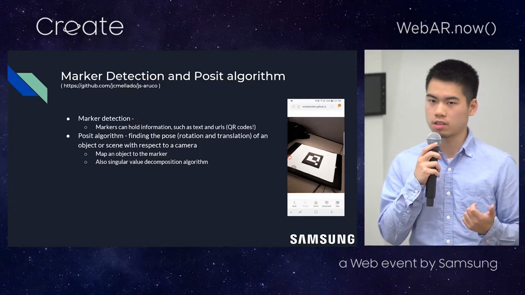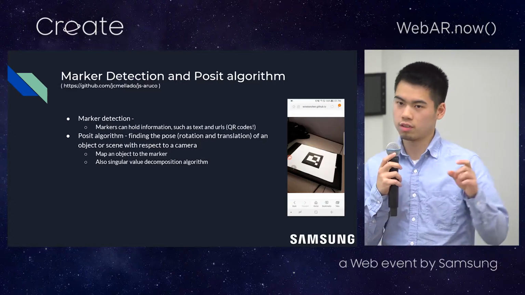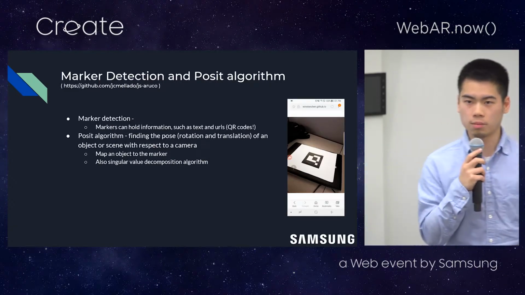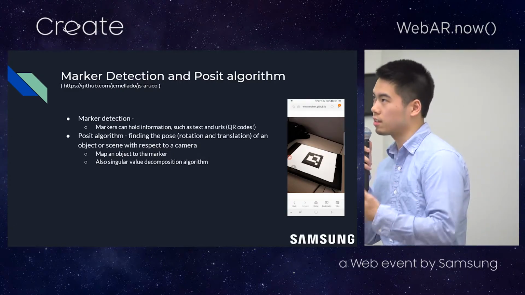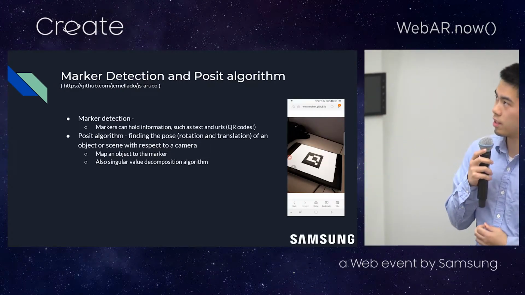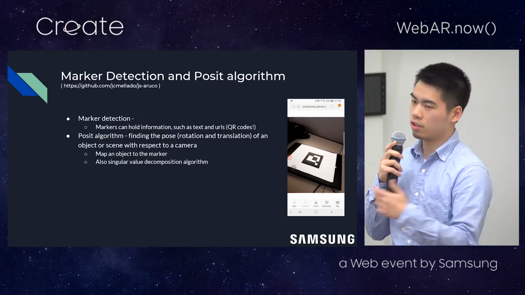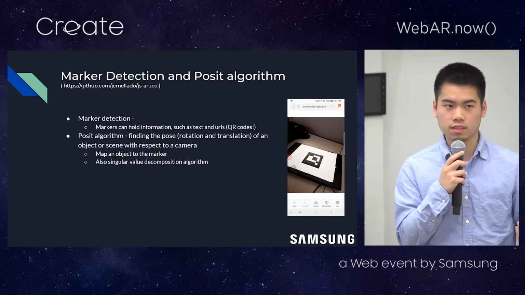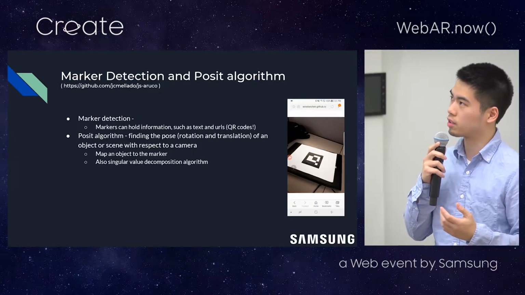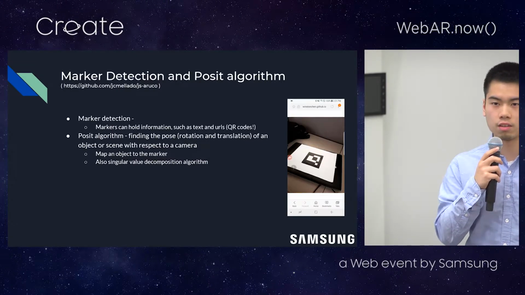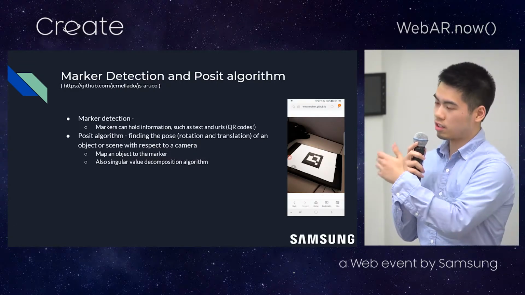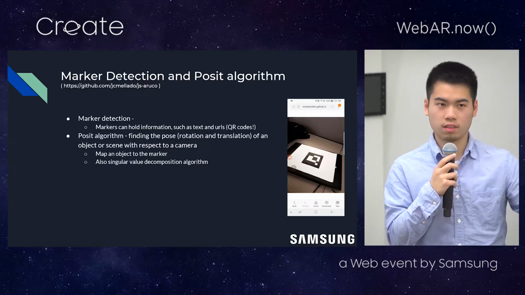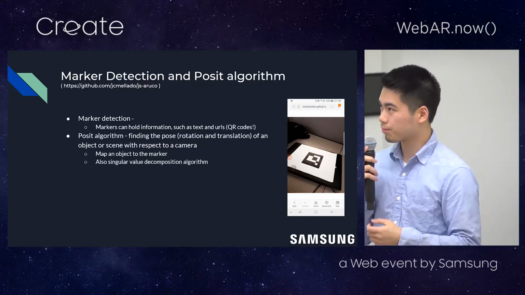So for my demos, I store numbers that are associated with the object to display the object when that marker gets detected. And markers are pretty interesting because QR codes are also markers, and in China, a lot of people use QR codes as a way to navigate around the web because it's a lot easier for them to scan an image instead of typing in Latin characters for a URL.